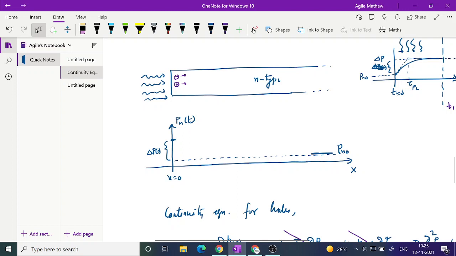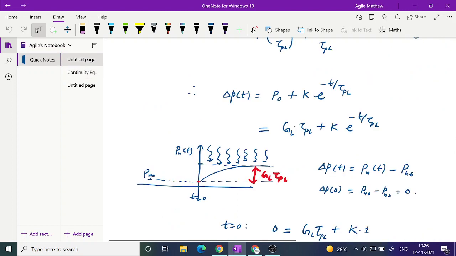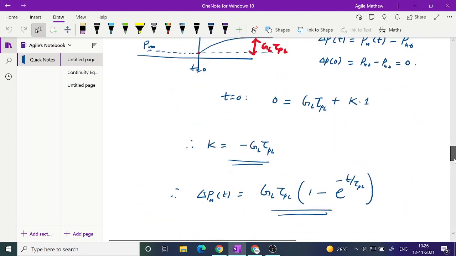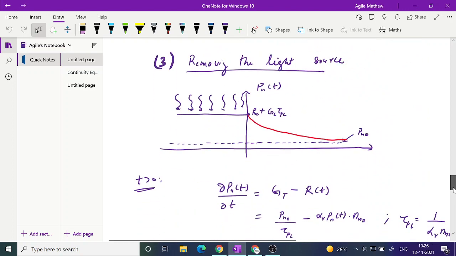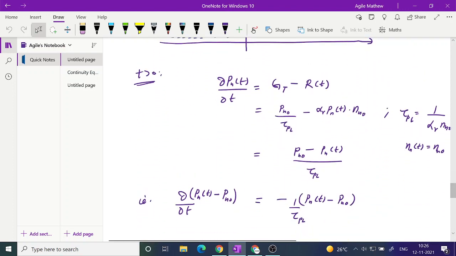But the recombination rate will be different. It is not a thermal recombination, because excess carriers are diffusing from the left side and coming into it. Therefore we can take this expression for gt minus r, which has Pn0, the thermal concentration, and this is a different concentration.